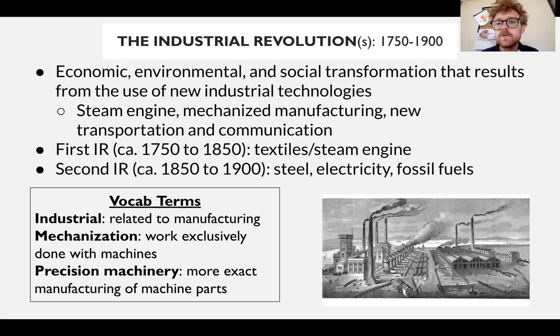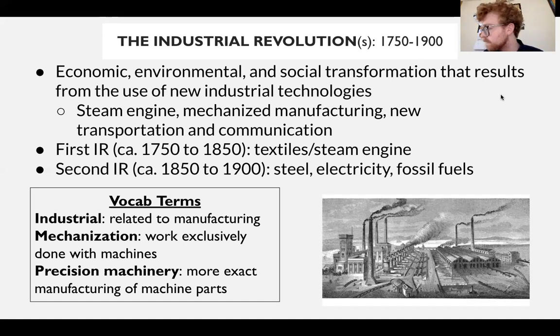The Industrial Revolution, or revolutions as I'll talk about, is a series of economic, environmental, and social changes that are the result of new technologies that will emerge by the end of the 18th century. So the Industrial Revolution, as we will see, will begin in Great Britain.